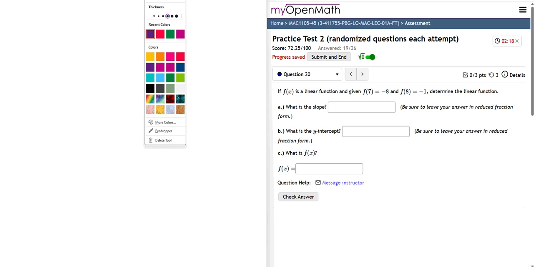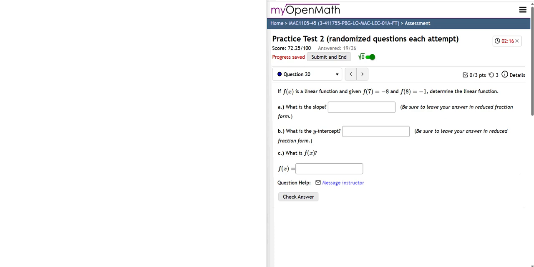So what we're being told here is that f of 7 means x is 7, and since the function value is negative 8, I have this ordered pair here, 7 comma negative 8, and then I have an x value of 8 paired with negative 1, so that can be my x2 and y2.